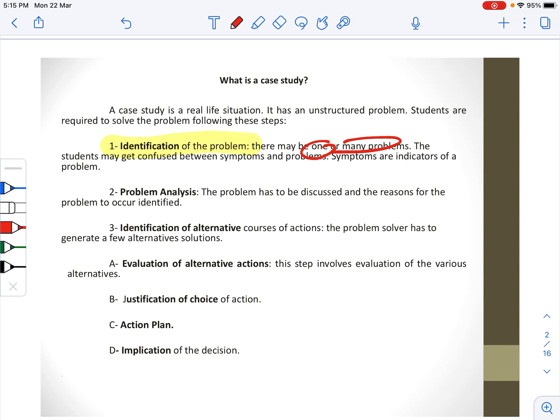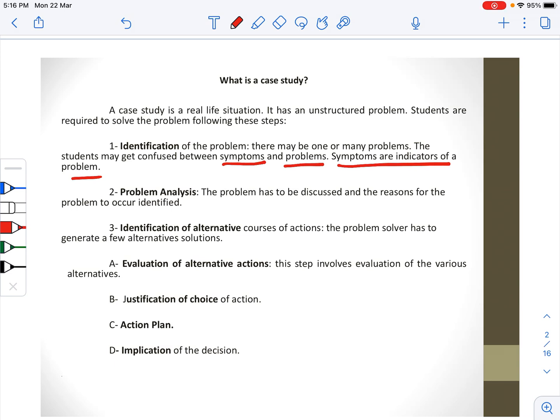And then you need to differentiate between the symptoms and the problems. Symptoms are indicators of a problem, so a symptom is not a problem in itself, it's just an indicator of a bigger problem. For example, in medical, if you have cancer, that is the problem.